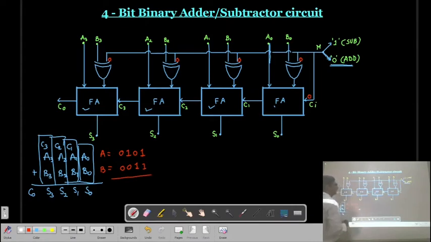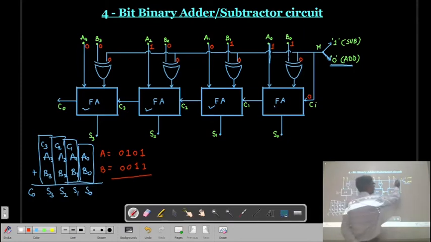Correct? So here A is 0, 1, 0, 1. And what is B? B is 0, 0, 1 and 1.